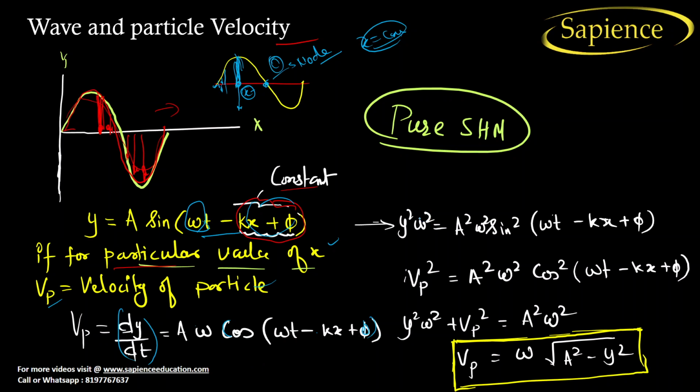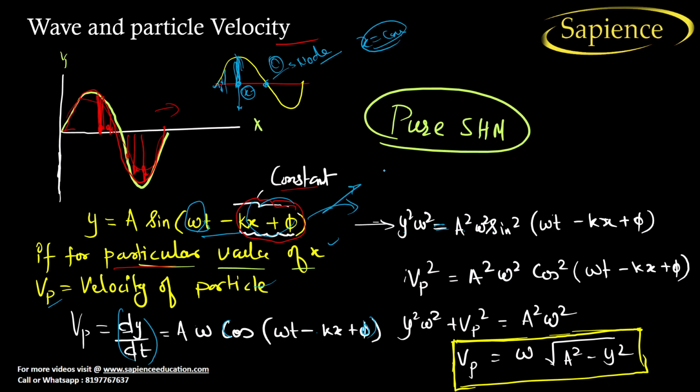Now if we square both the sides, let us multiply it, for example.